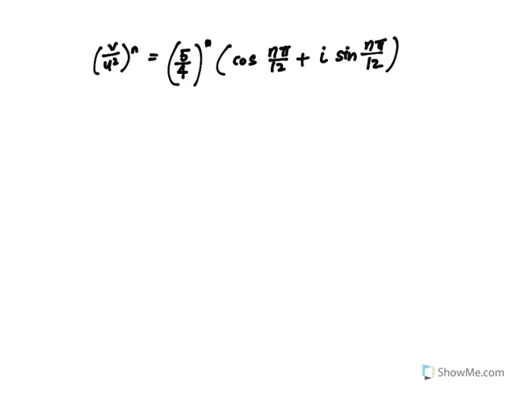A negative imaginary axis also means my argument is negative pi over 2.